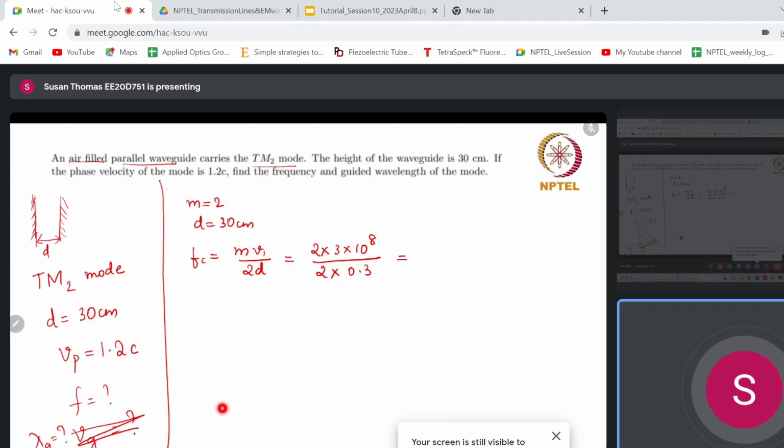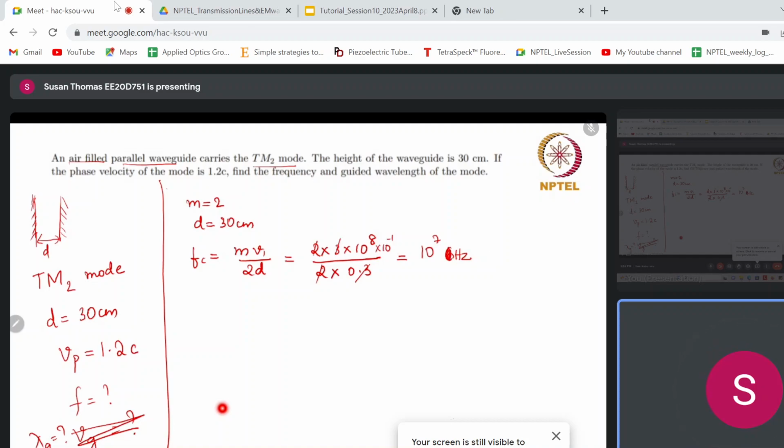Once we do this calculation, 10 power 2 gets cancelled, and 3 and 0.3 get cancelled, into 10 power minus 1. So this becomes 10 power 7 hertz.